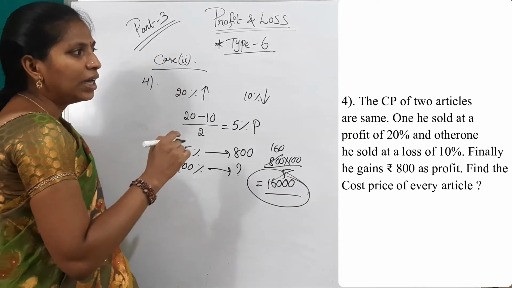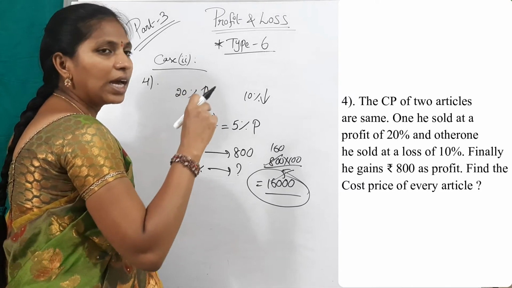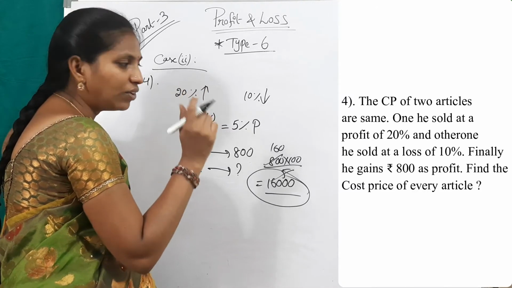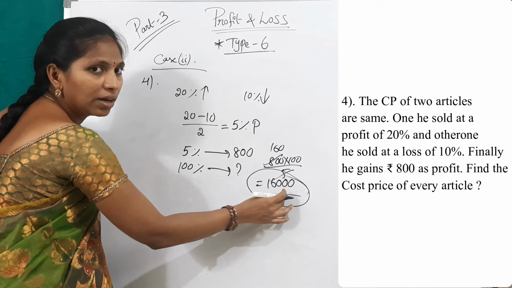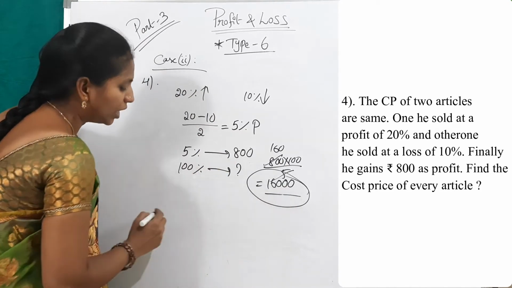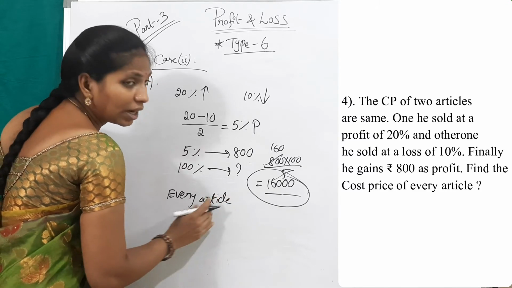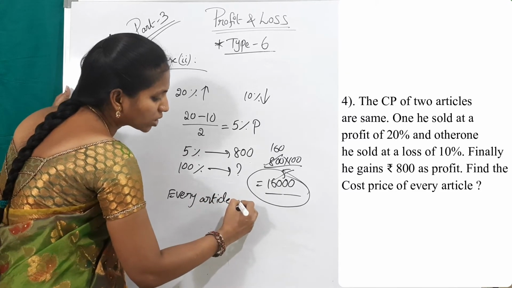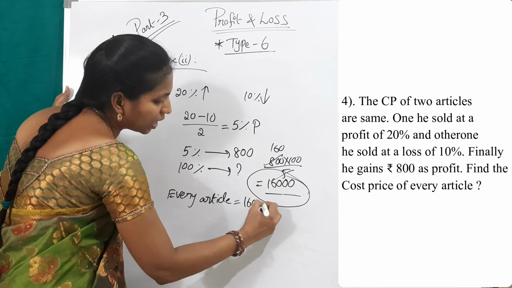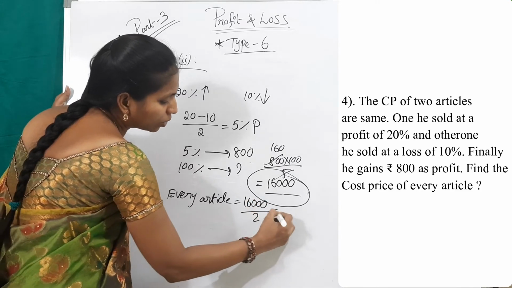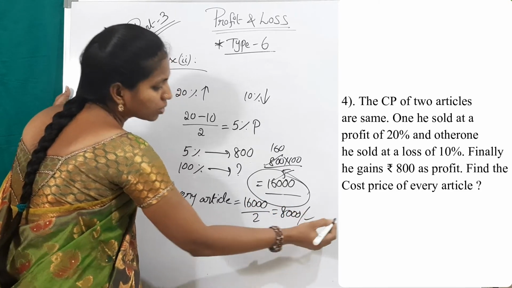Now to find the cost price of every article, that is very important. For every article, take half the value of this. The cost price of each article is 16,000 by 2, which equals 8,000.